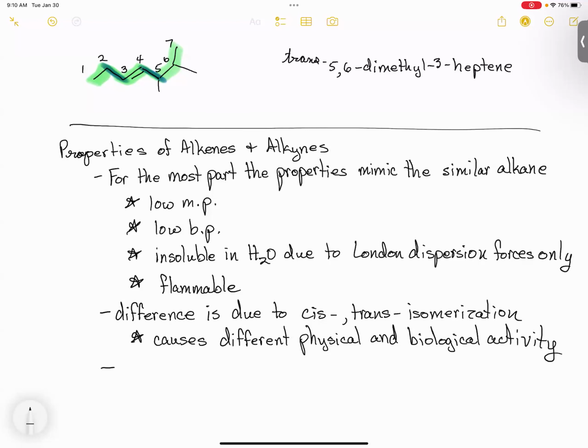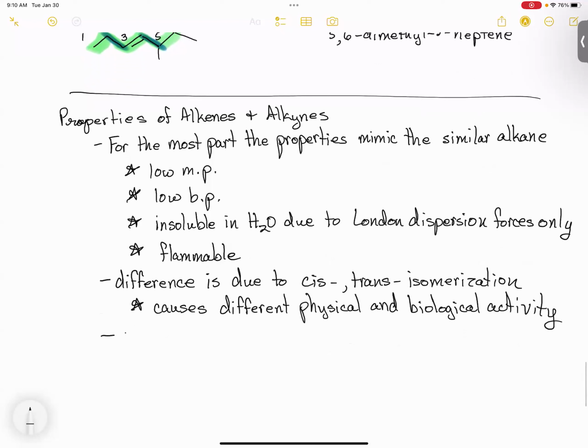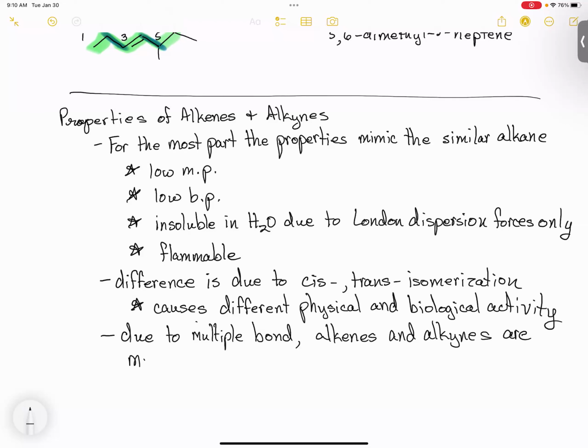And so the other thing that we can say is that due to the double bond, or triple bond, let's do it that way, due to the multiple bond, alkenes and alkynes are more reactive than alkanes.